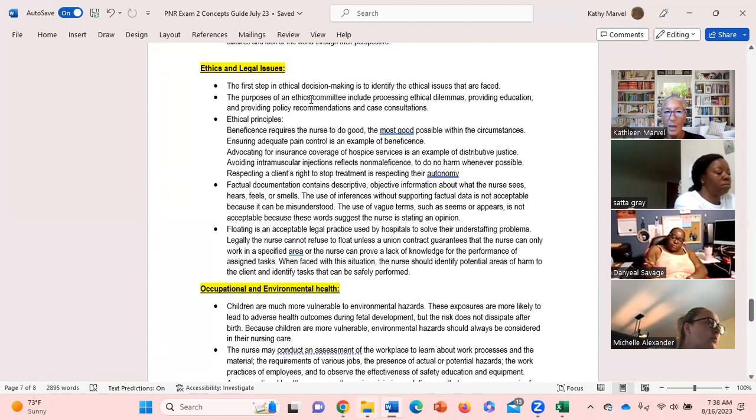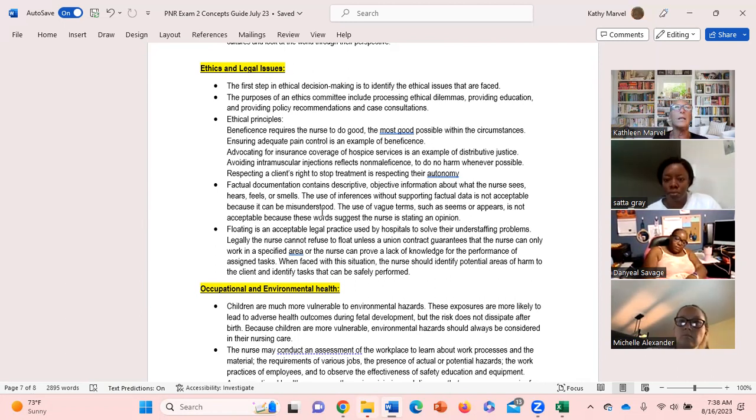And then when we talk about legal issues, documentation. When we're documenting, be descriptive and objective about what you see, hear, feel. Part of documentation can't be, they appear to be agitated. Are they agitated or are they not? Make sense? Documentation is not about your own personal judgment.